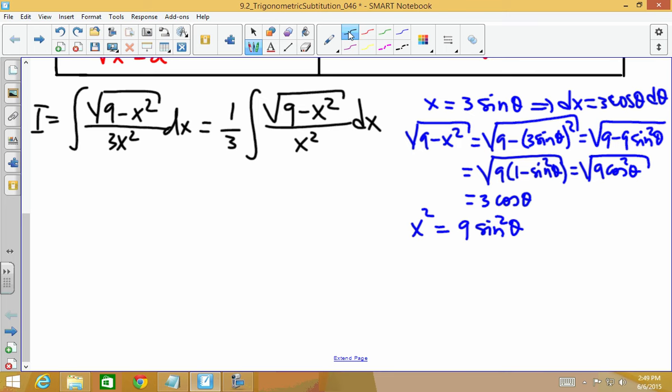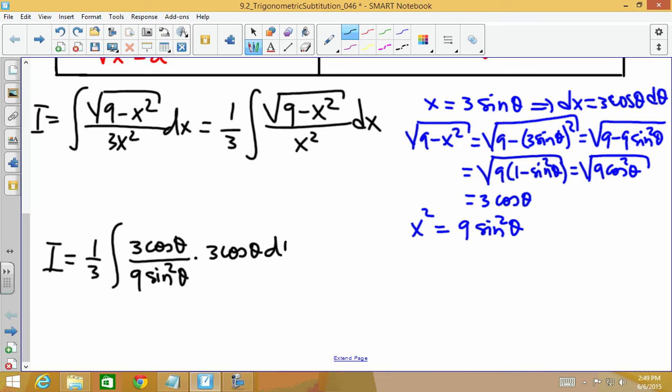So what do we have here? Replacing everything in I, we obtain I equals 1 over 3 integral of, instead of square root of 9 minus x squared, 3 cosine theta, divided by, instead of x squared, 9 sine squared theta. And dx is 3 cosine theta d theta.